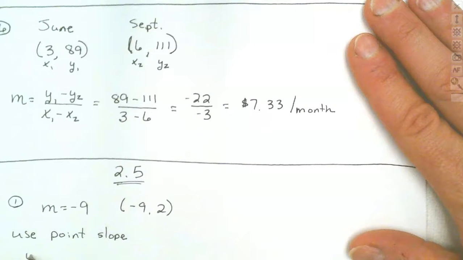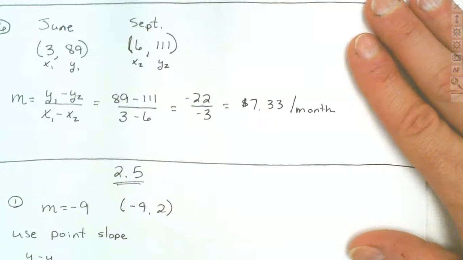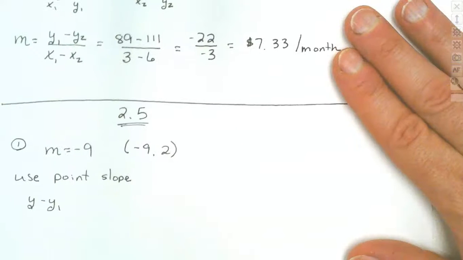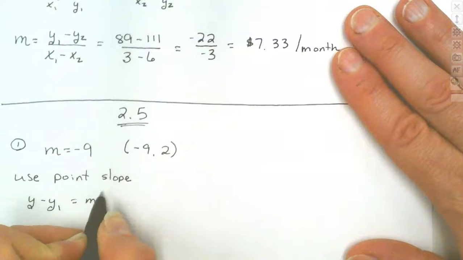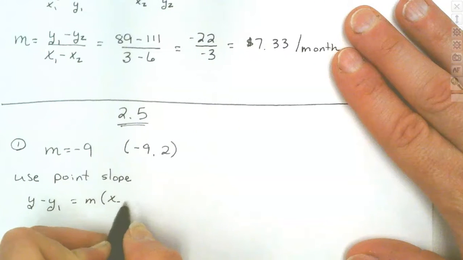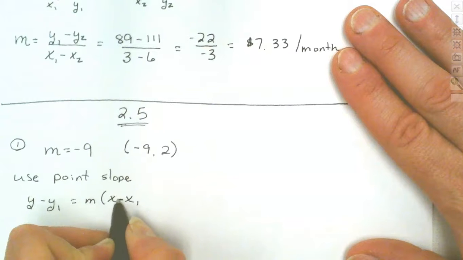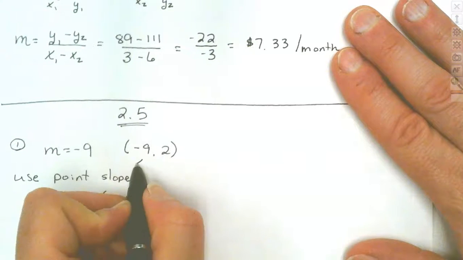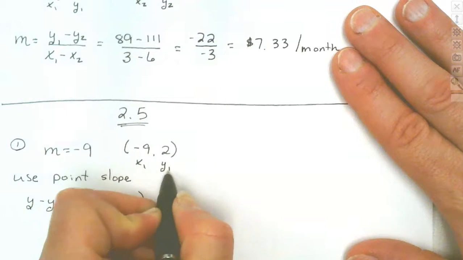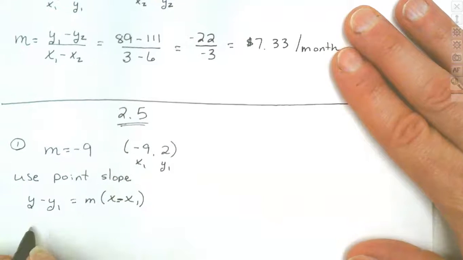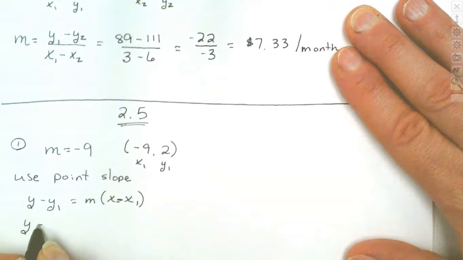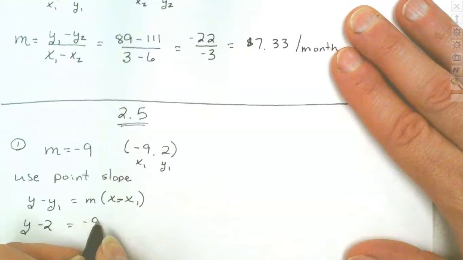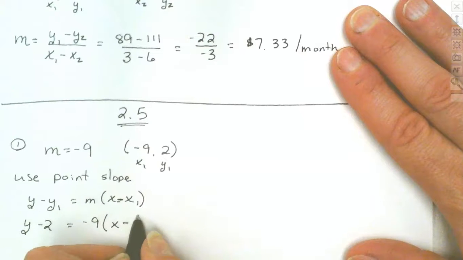And point slope is y minus y1 equals m times x minus x1. So x minus x1. And this is your x1. This is your y1. Plugging our values in, we get y minus 2 equals a -9 times x minus a -9.